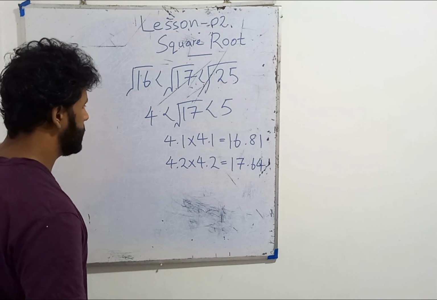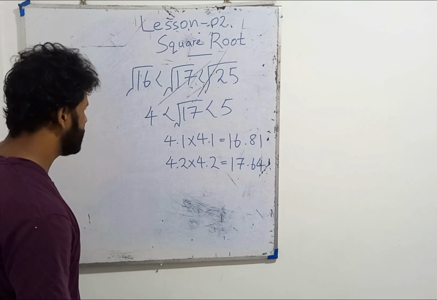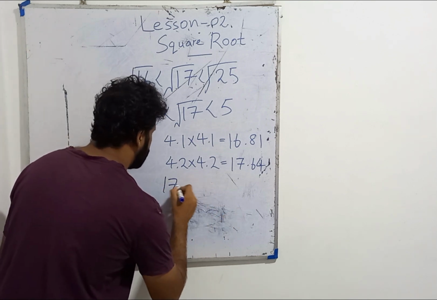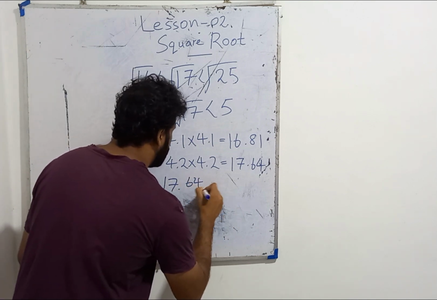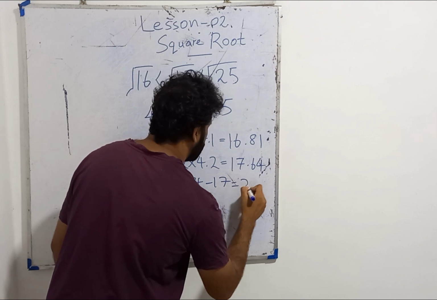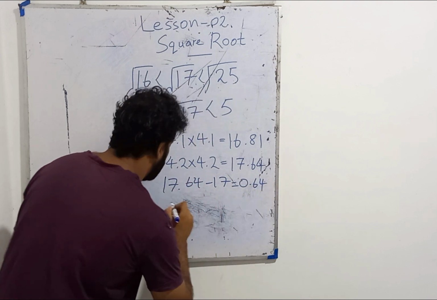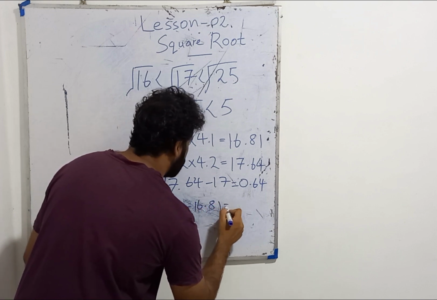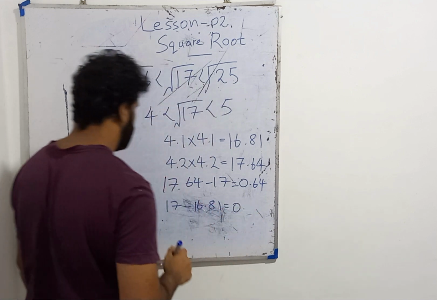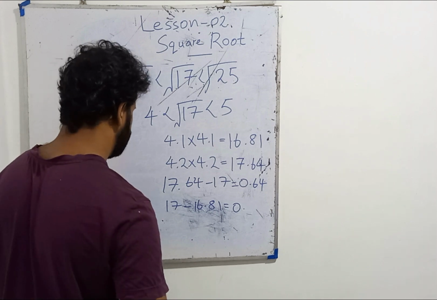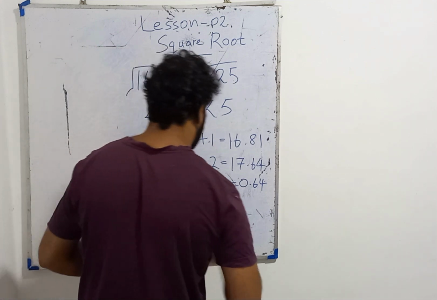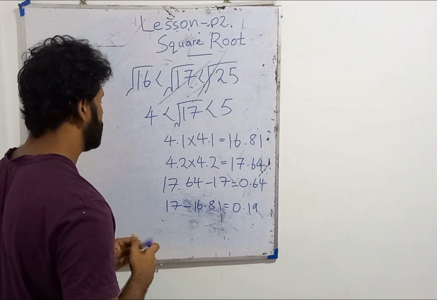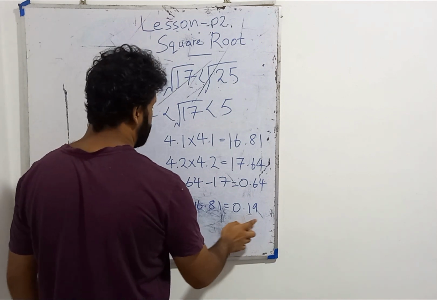Let's check. Simply you can already see, but let's take the difference. 17.64 minus 17 is 0.64, and 17 minus 16.81 is going to be 0.19, right? Simply 0.19.